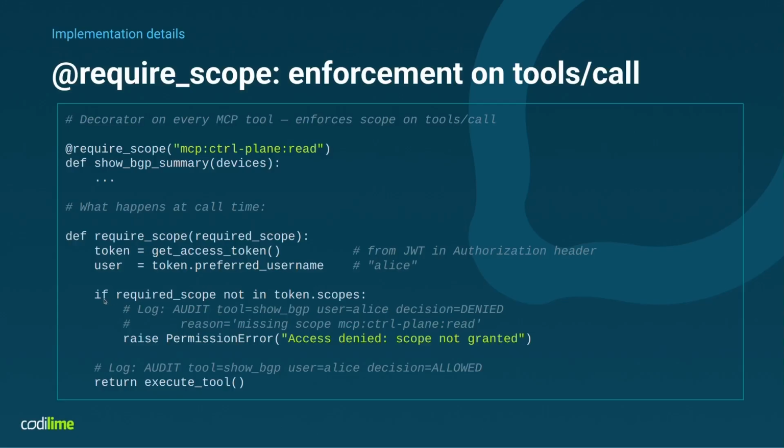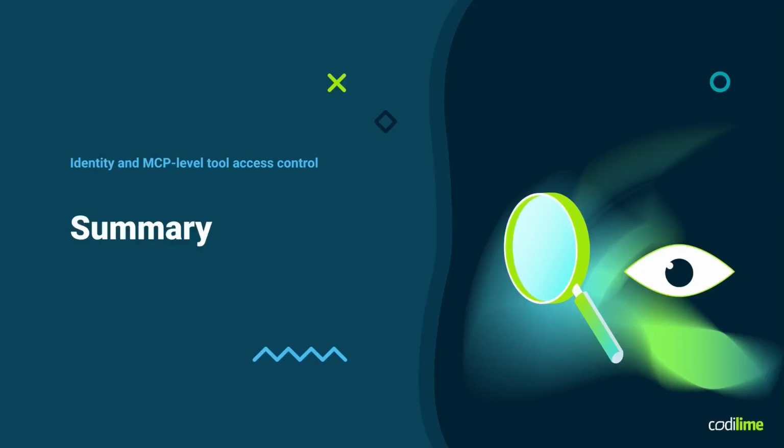But the most important part is that if the required scope is not in the token scopes, then we return a permission error, access denied, or some other comment. And if not, then we execute the tool, which means that the required scope is in the token scope of the user. So it is straightforward how we can achieve it, adding some code and properly marking each tool, and proper configuration of the scopes for user roles.